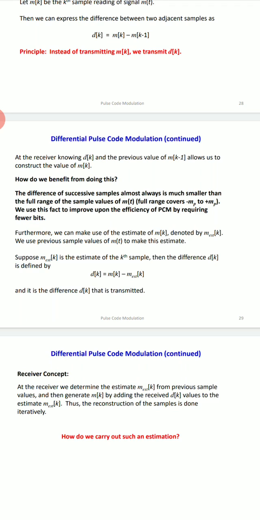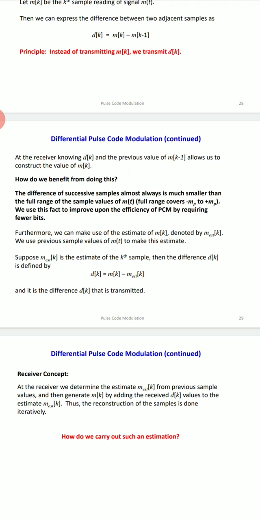How do we benefit from this? Most of the time the samples of information signals are correlated with each other. There is a lot of redundancy in the signal, meaning similar information resides in two or more adjacent samples.